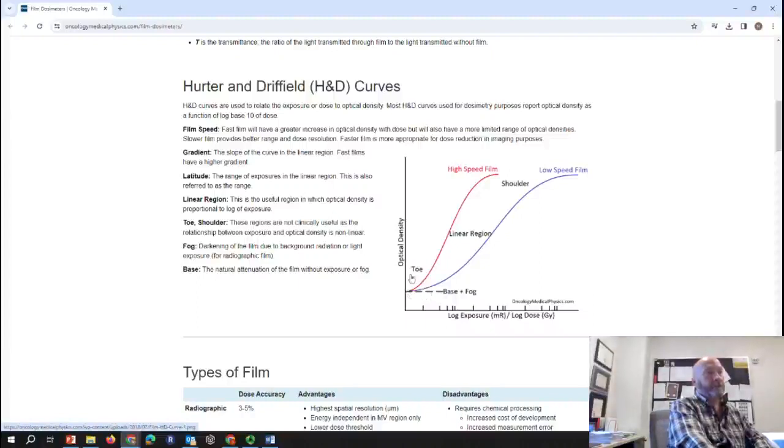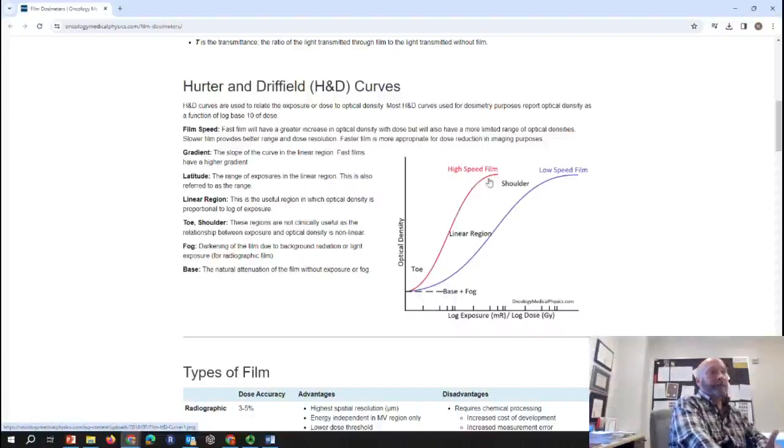If we have an exposure that gets us to an optical density of 1.0 plus base plus fog, that is the speed point. So whichever one of these two H&D curves got us to 1.0 plus base plus fog the quickest, using the same exposure, would be the faster of the two.